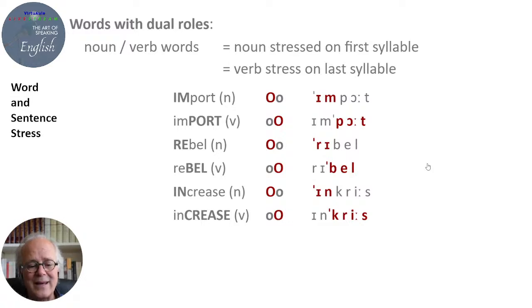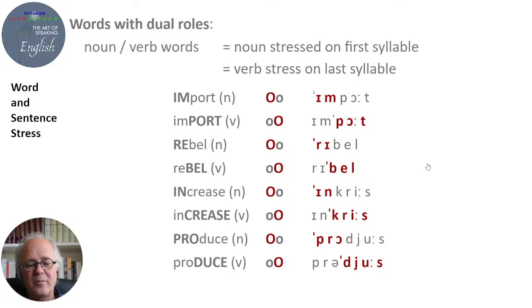Increase, we increase things, that's a verb. We can see produce, which is fruits and vegetables in the market, and the word produce as a verb. So produce and produce actually changes the pronunciation.